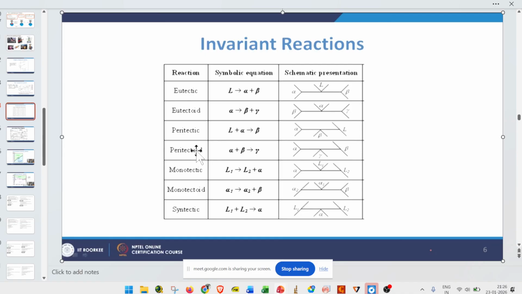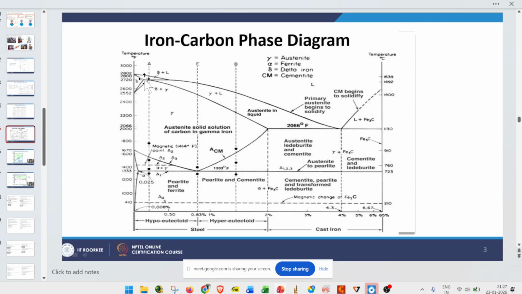So peritectoid, we have two solid phases. Once the temperature is reducing, it will form another solid phase. Monotectic reaction is when one liquid converts into one liquid plus a solid phase, and monotectoid is when one solid converts into two different kinds of solids, and syntectic is when two liquids form one solid phase. This kind of reactions we can try to observe in the iron phase diagram.